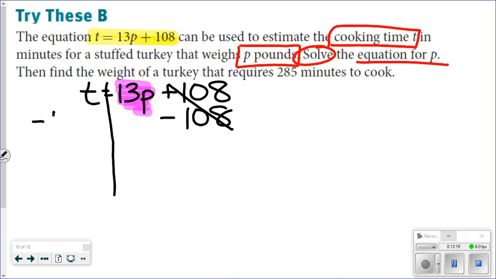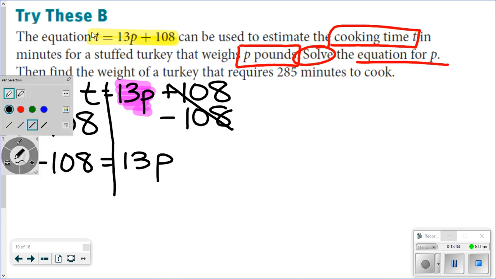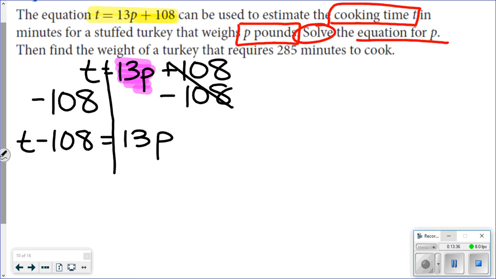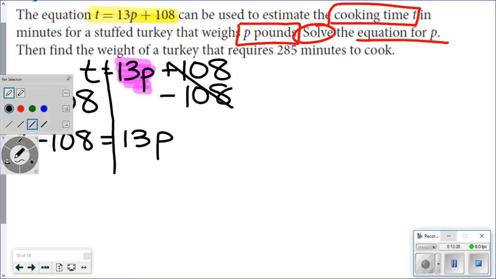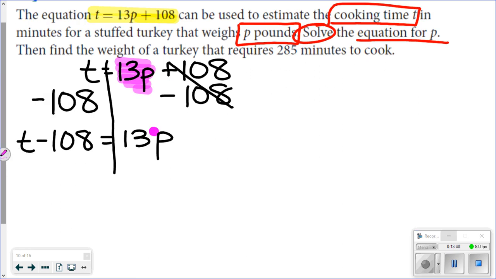We have to do it on this side of our equation as well. T and negative 108 are unlike terms, so I need to keep them separately. 13 and p are being multiplied together.